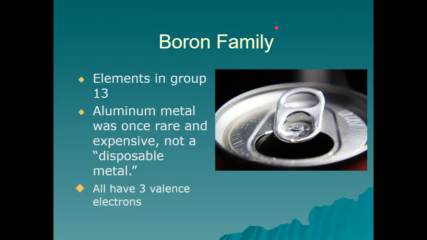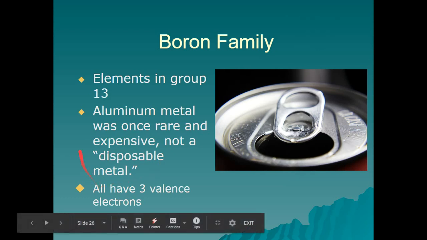The boron family. Okay, so now we're going to talk a little bit more about a family. These are all the elements in group 13, and so we lump them together. Now, I don't have them written out this way on your periodic table, but it's important to know them. Okay, so aluminum is part of this group and was once a rare and expensive metal, not a disposable metal, but of course we know it's very abundant.